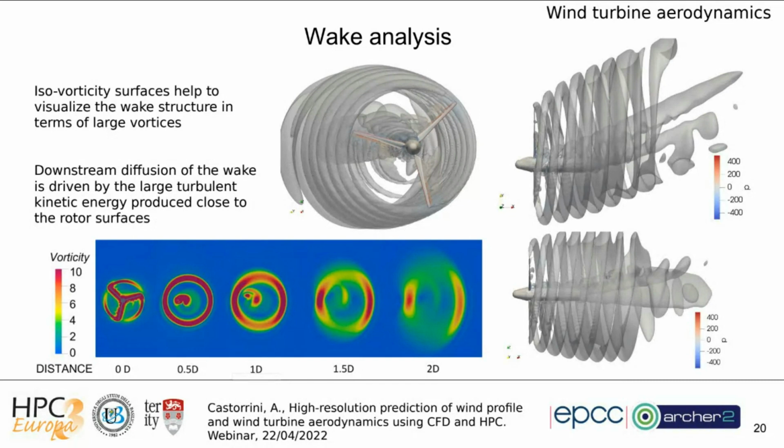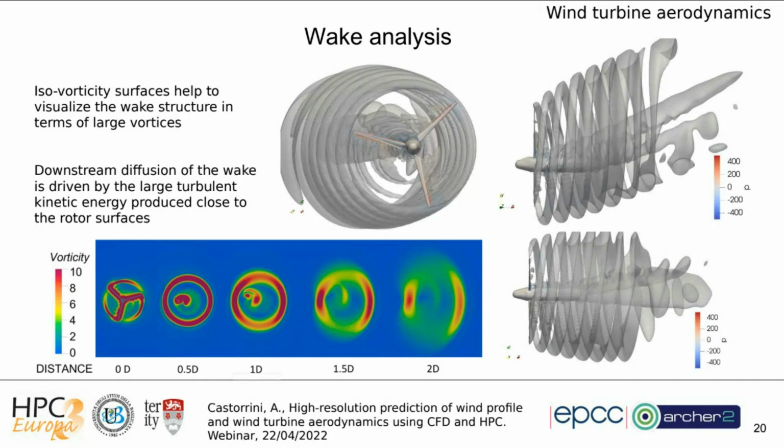Vorticity is mathematically given by the cross product between the nabla operator and the velocity. It is a way to measure the vorticity, and so it is a way to catch the vortical structures.